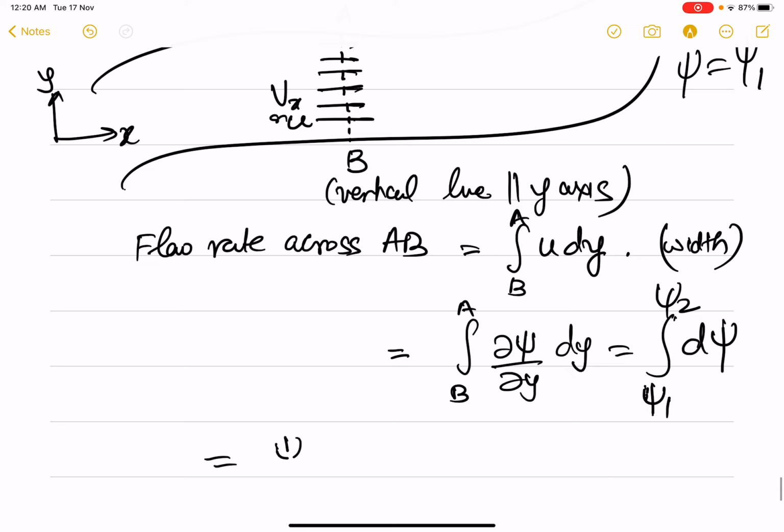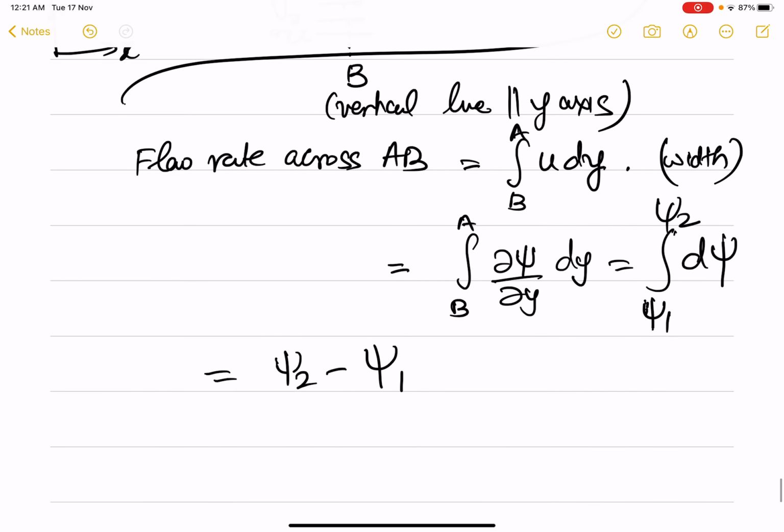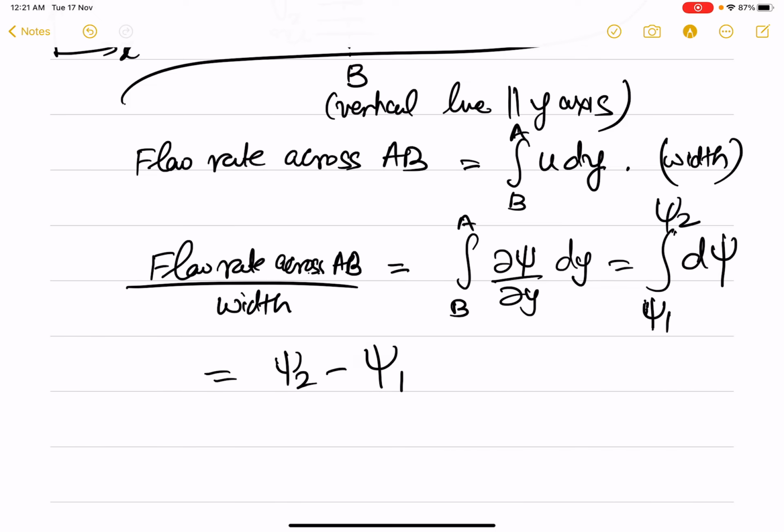So this becomes equal to psi 2 minus psi 1. So I take the width on the other side. So what I'm going to write here is flow rate across AB per unit width is given by psi 2 minus psi 1.